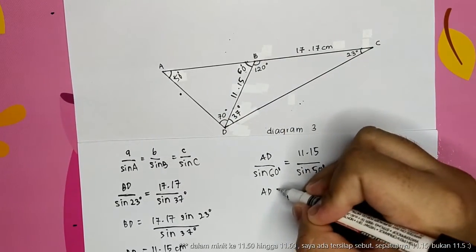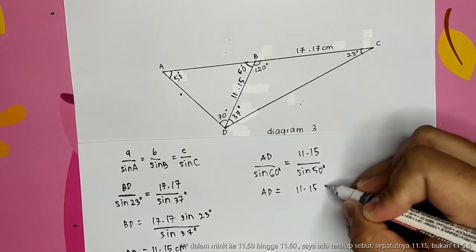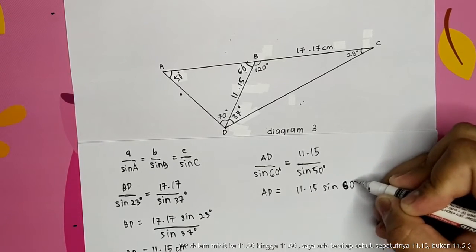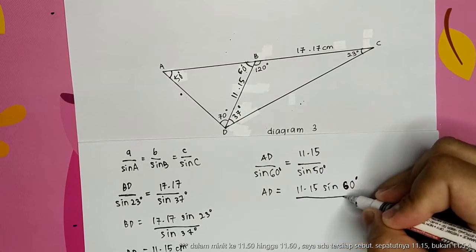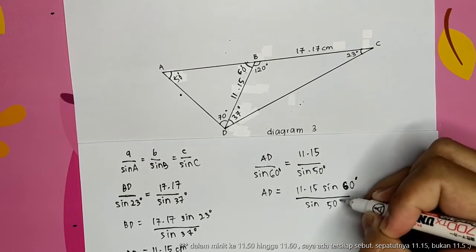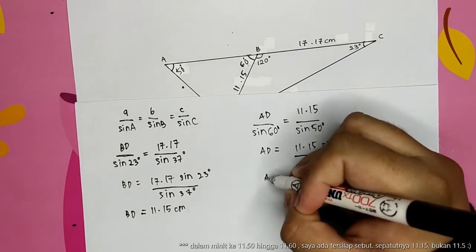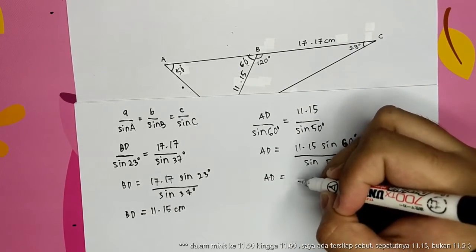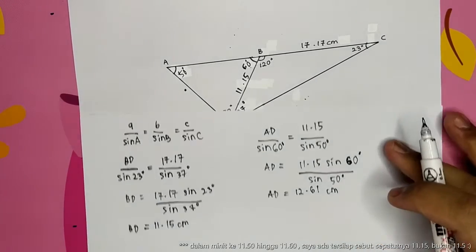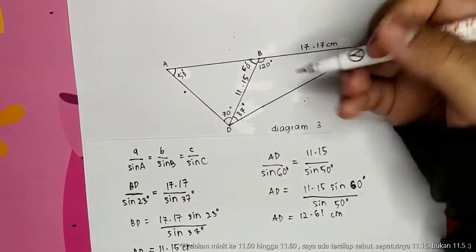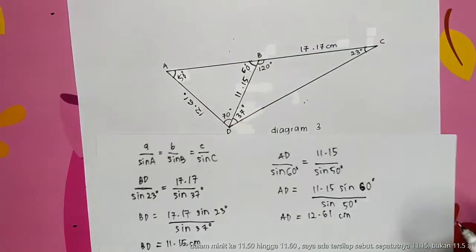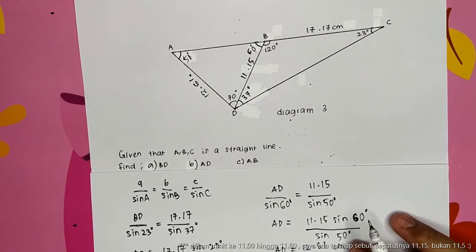So AD is equal to 11.15 sine 60 over sine 50. So AD will equal to 12.61 centimeters. We get AD already. So AD is 12.61.